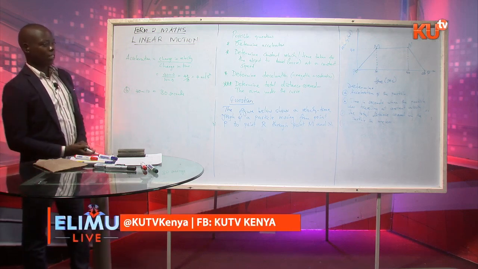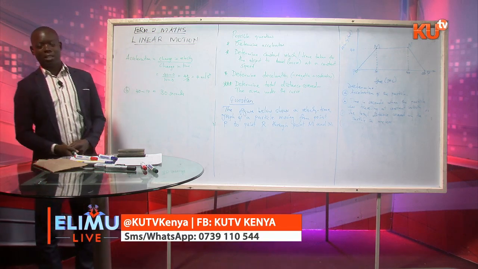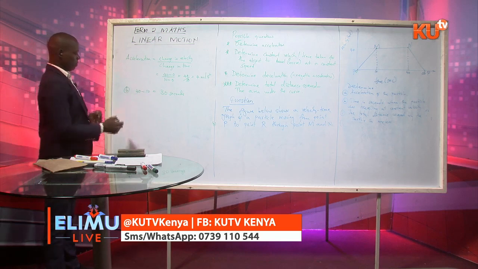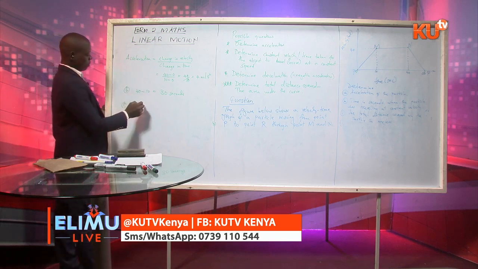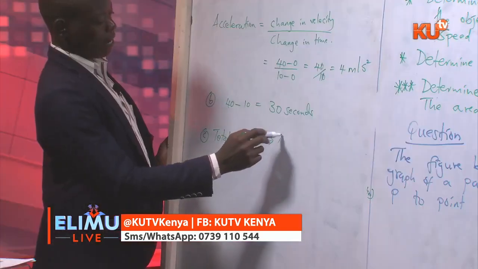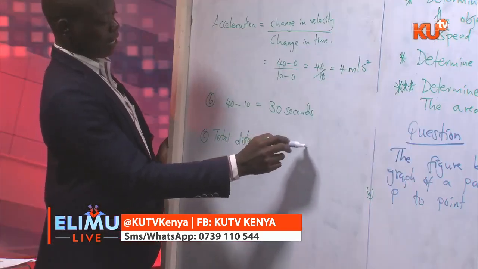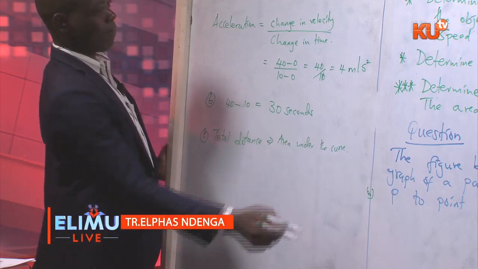And part C, the total distance covered by the particle in meters. We've discussed before, we said the total distance is simply given by the area under the curve.